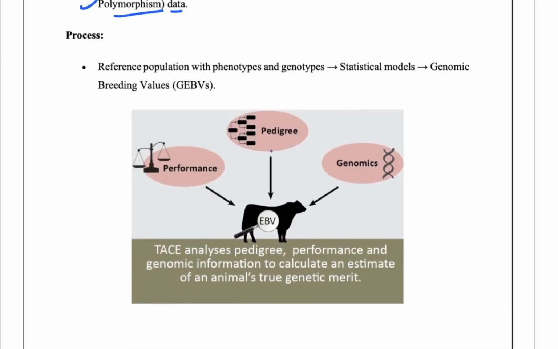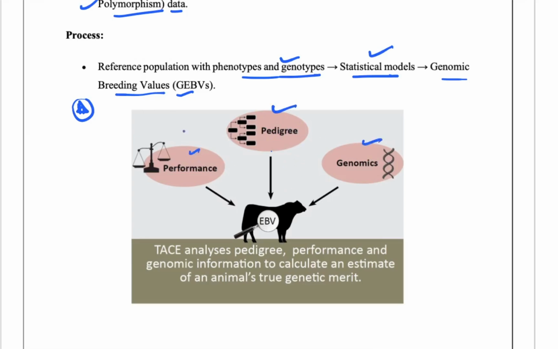In this case, the process is, first of all, a reference population with phenotypes and genotypes. You select the population, then there are statistical models to analyze, then finally there is something called the genomic breeding value. This is important, you need to remember this. So you take a population, statistically analyze it, then come out with the genomic breeding value based on the pedigree analysis, that is the history of the population over the generations.